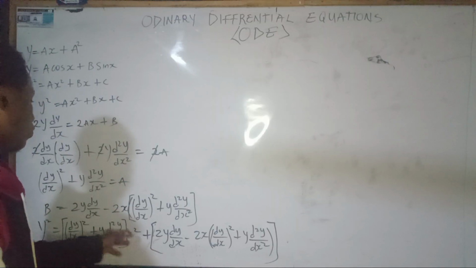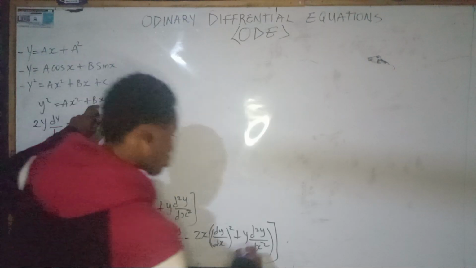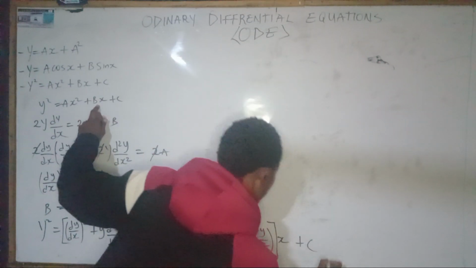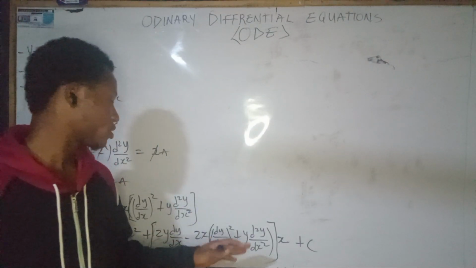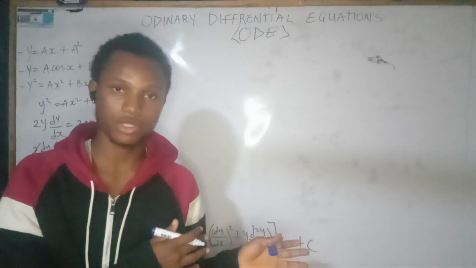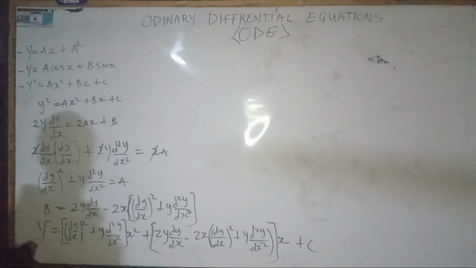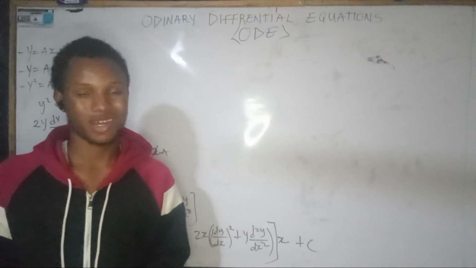This is our value for b here, and our b has x, and we have plus c. We can go on to simplify what is in this particular equation here, but this is what our differential equation is.